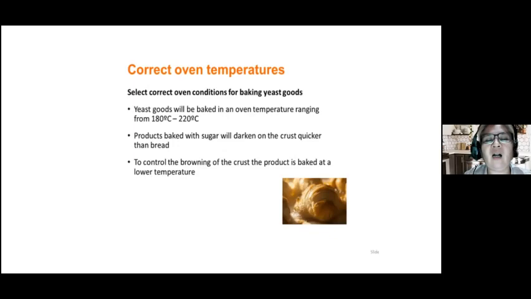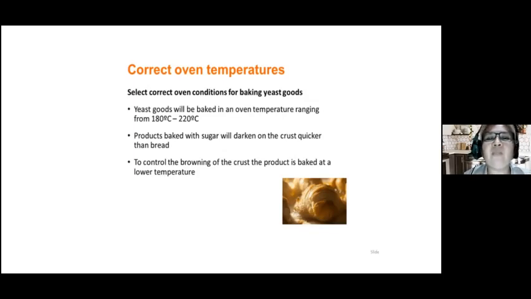There are bakery products like the cream puff, which requires a high temperature for the first few minutes. For example, the cream puff or the choux paste requires 400 degrees Fahrenheit for the first 15 minutes, and afterwards you lessen it.